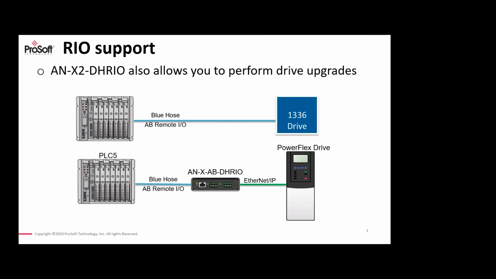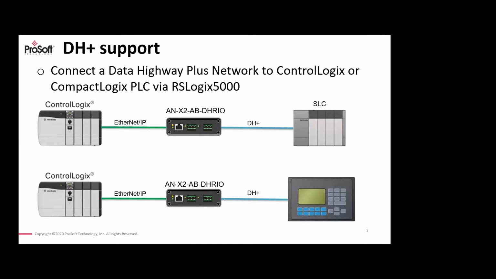And the same thing goes if you're talking about DH Plus, or Data Highway Plus. The ANX2 can allow for direct messaging between Rockwell EtherNet/IP controllers and DH Plus controllers and devices.